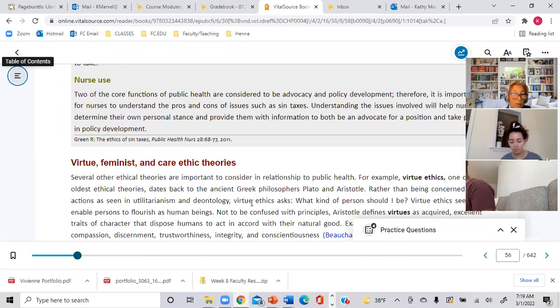So that's the third part of what we need to know to have an understanding of ethics and public health. We talked about the main theories above, but there are other theories that are important to consider in public health. So virtue ethics is one of them.